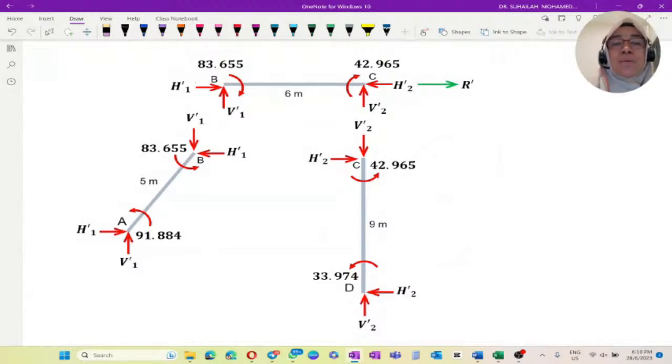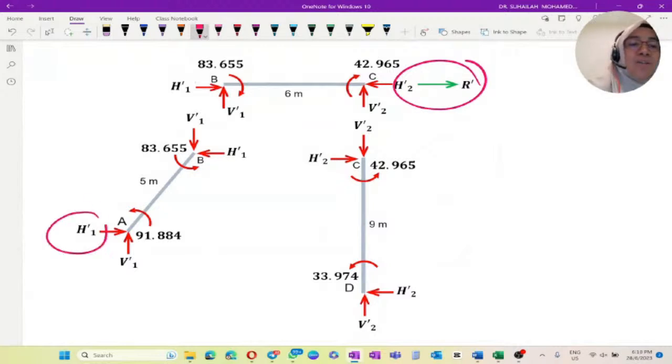In order to calculate R, we have to have the H1 value and H2 value. So we have to find the value of H prime 1, and we also need to find H prime 2.